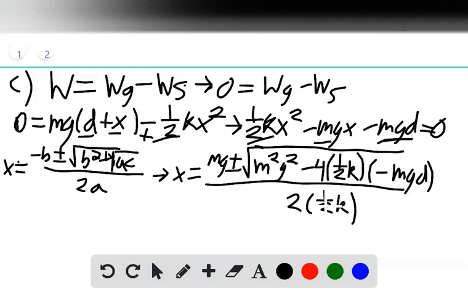Okay. All right, and that is going to simplify a good bit. Actually, that doesn't simplify. Well, you can simplify the bottom. This will become just k. But we can go ahead and plug in numbers.